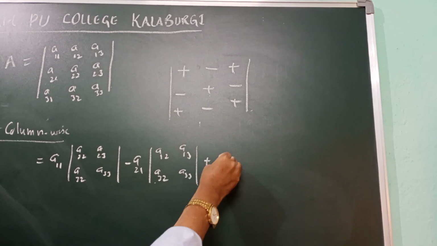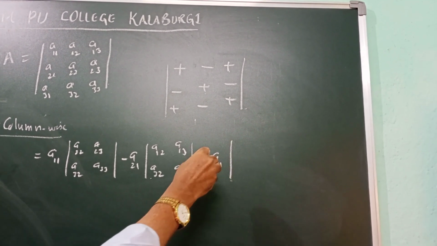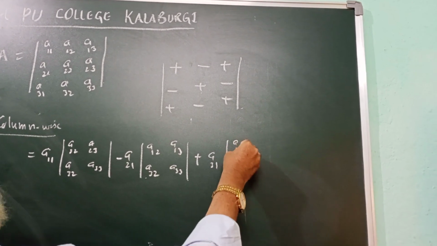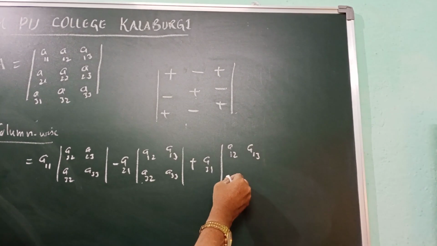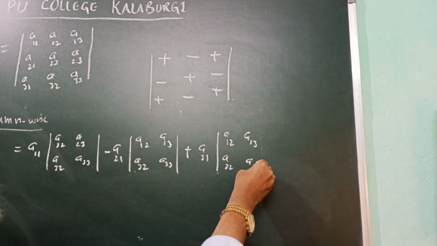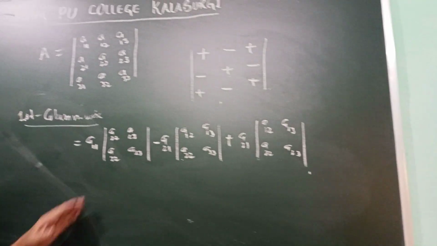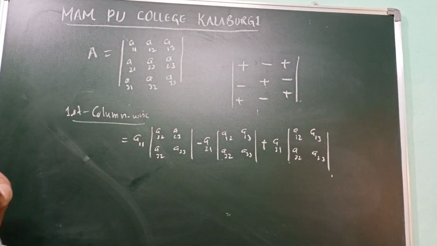We take plus sign, A31. Delete the row, delete the column. A12, A13, A22, A23. And the smaller determinants are also expanded and we get a number for this.